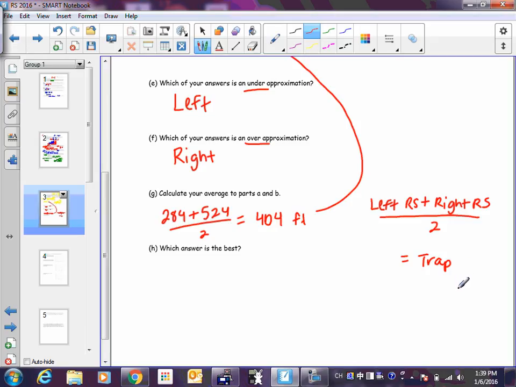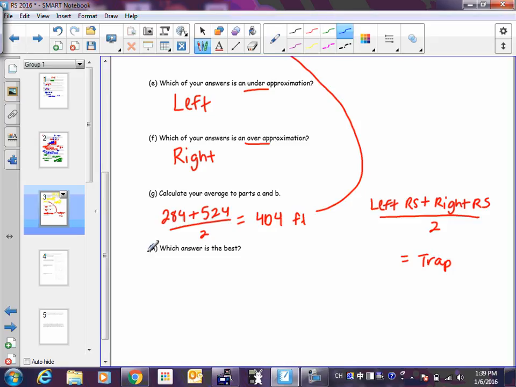So in the future, if I've already asked you for the left and the right, and then I ask you to do trapezoid, you don't actually have to do trapezoids. You could just average those two numbers. Or you could use trapezoids. It doesn't really matter, but you have options here.